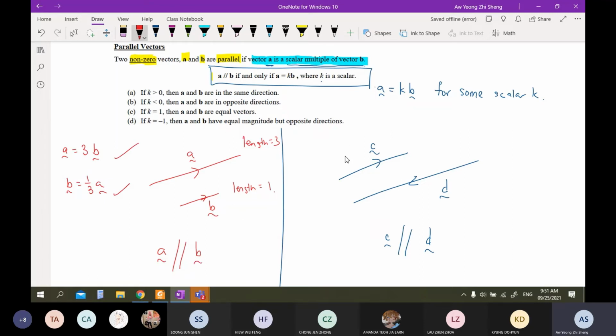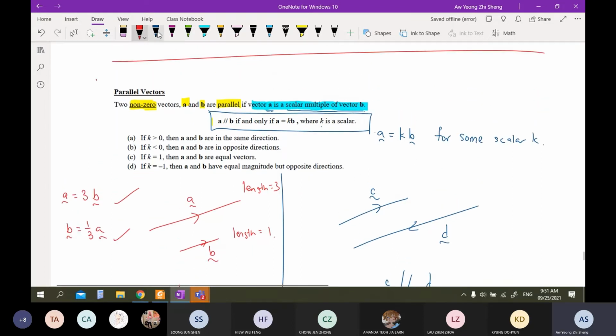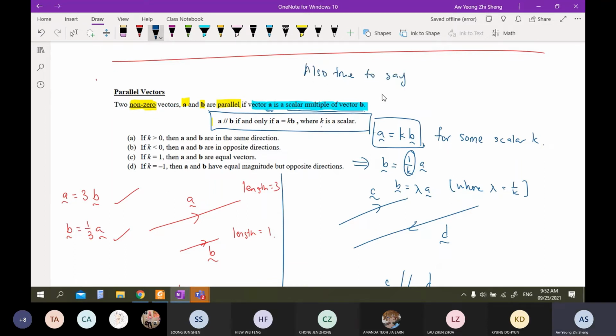In fact, from this equation itself, you can always rearrange it and write B is equal to 1 over K times A. Then if I rename my 1 over K as a different symbol, let's say I write B equals lambda A, where lambda is just 1 over K, then it is also true for me to say B is equal to lambda A for some scalar lambda.